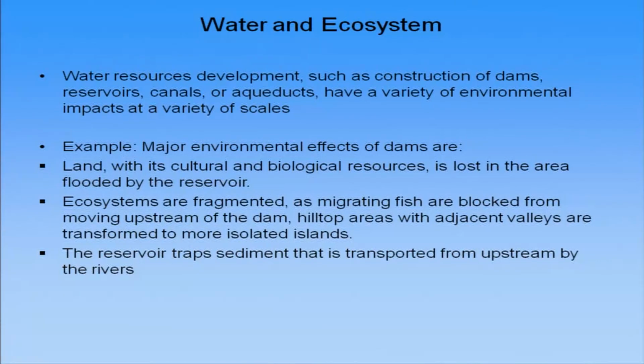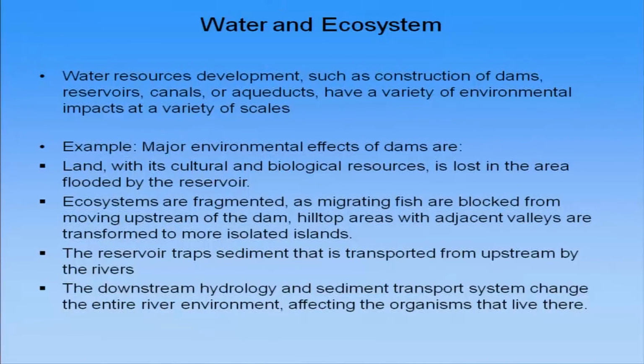So the hydrological cycle in terms of the water supply, if a dam has been constructed or any construction has been done for irrigation purposes, will to some extent have major environmental impact, and that is on the ecosystem, biological resources, cultural resources, and also the sediments which have been blocked along the dam structure.